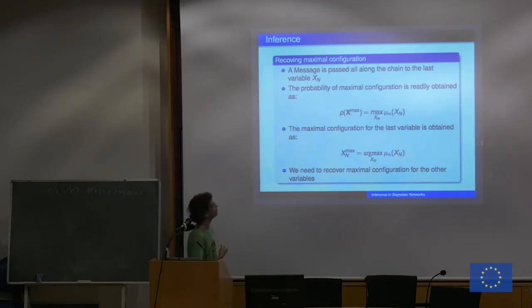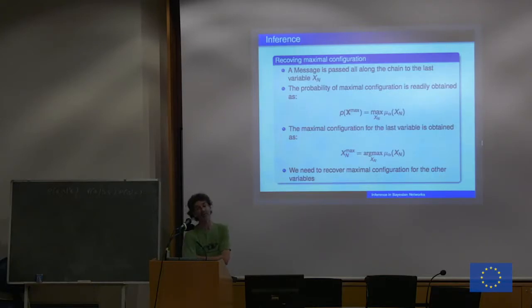And also, you know what is the best value for xn, the xn maximizing that final piece. So max over xn of this last message gives you the maximal probability. Arg max over xn of this last message gives you the best configuration for the final variable.